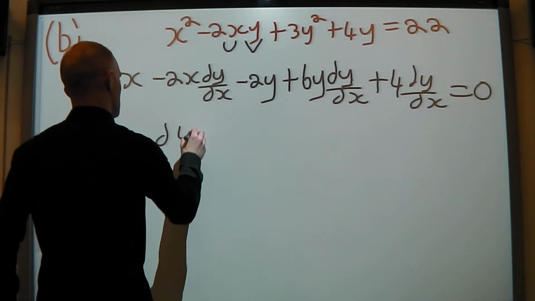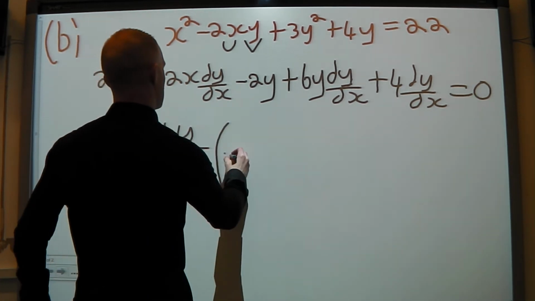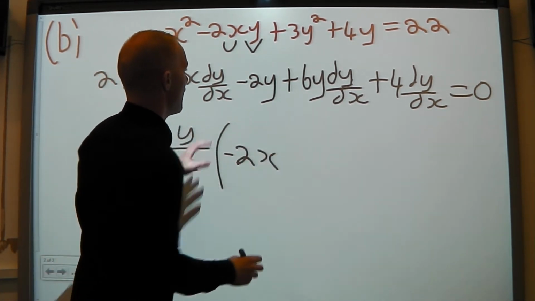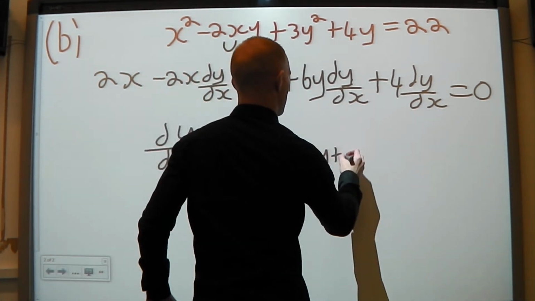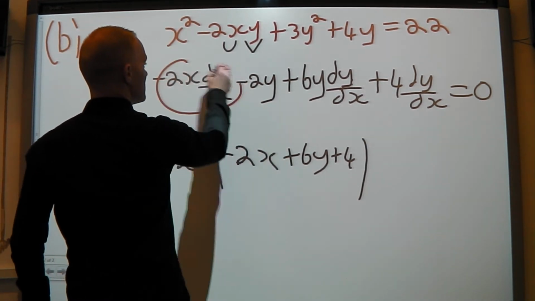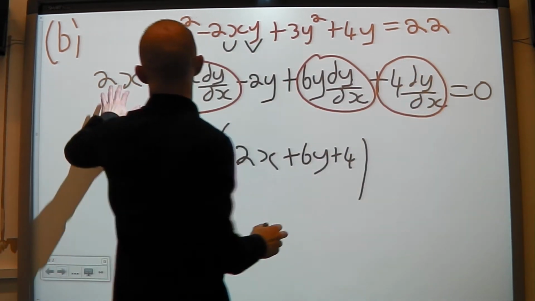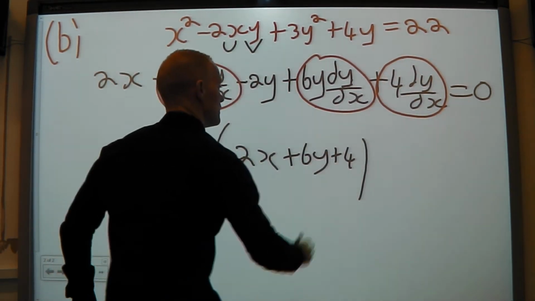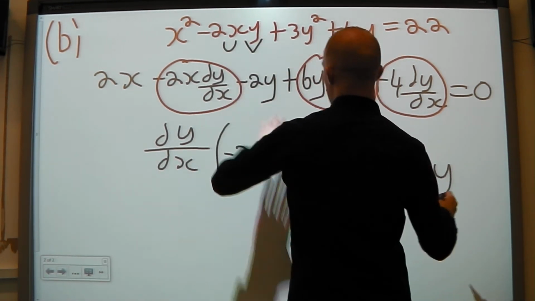So dy/dx into negative 2x plus 6y plus 4. So that is this term here taken care of, this term here taken care of, and this term here. So what we have is 2x and 2y is equal to 2y minus 2x.